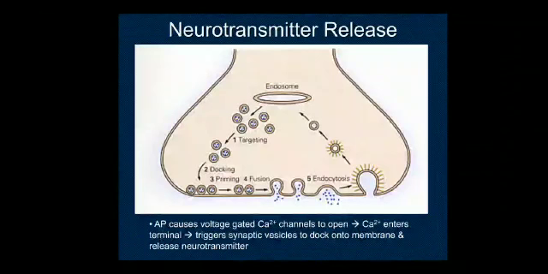G protein is the protein which is linked with the receptors. This G protein has the units alpha, beta, gamma. Alpha is the active component, it is detached from this and is freely movable in the intracellular part, the cytoplasm, and this acts in different ways.